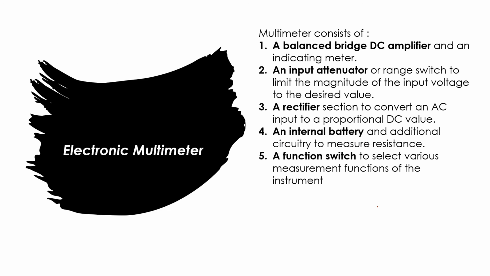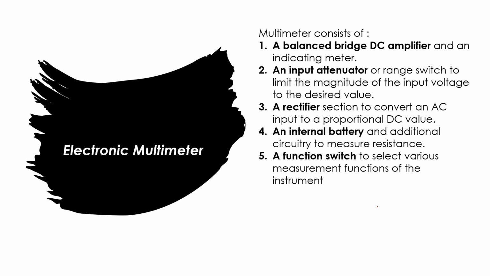And after we learn about the AC voltmeter with rectifier, we see the electronic multimeter. So the multimeter consists of a balanced bridge DC amplifier and an indicating meter. The second is an input attenuator or range switch to limit the magnitude of the input voltage to the desired value.